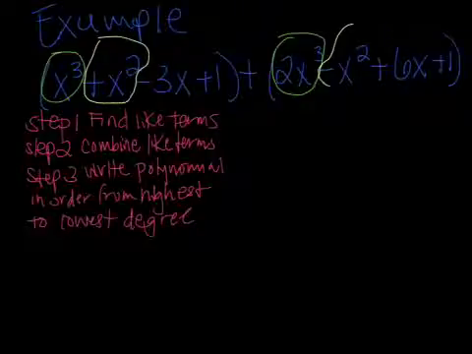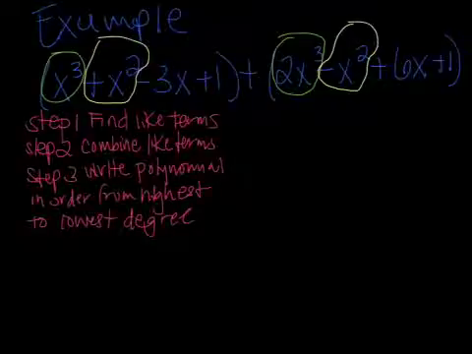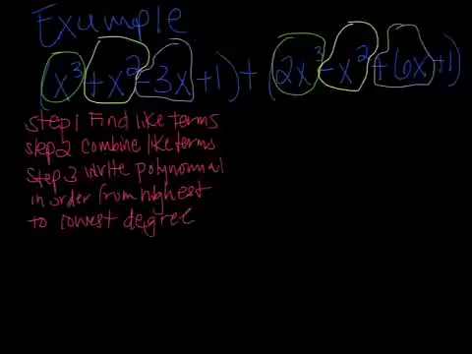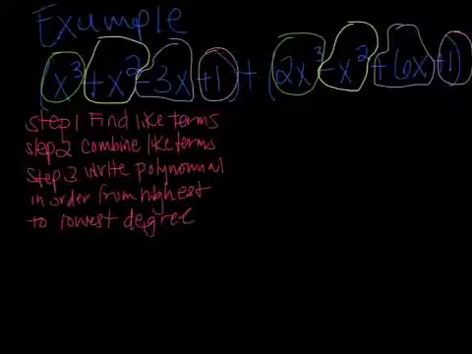And here we have a negative x squared. Then we have a negative 3x and a positive 6x. And lastly, we have a positive 1, and a positive 1.